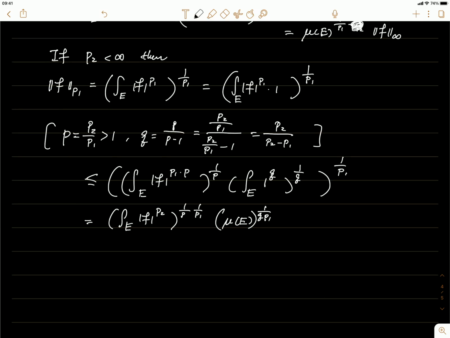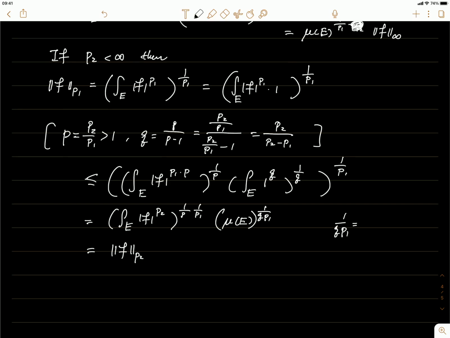Okay, and now the first one is just equal to the p2 norm of f, since when they multiply them together it is still just p2. So it's 1 over p2, and the inside is this, so it's just the p2 norm of f. And here, the q is q times p1. Q times p1 will be, here we write, over q times p1.